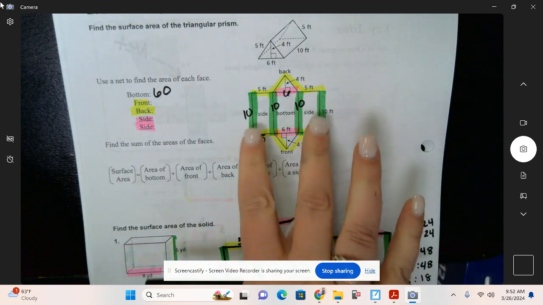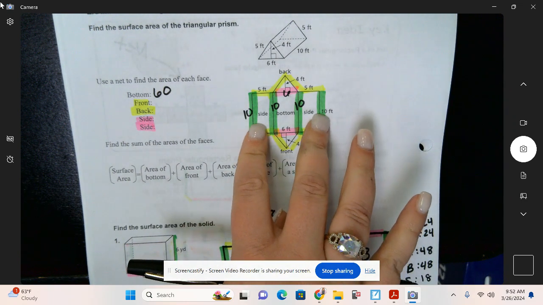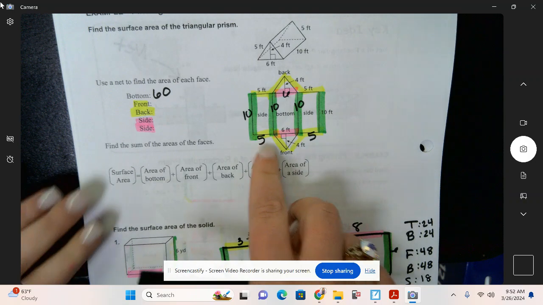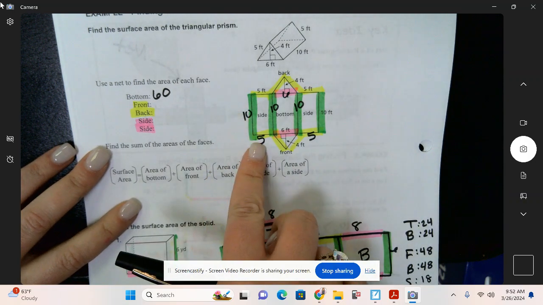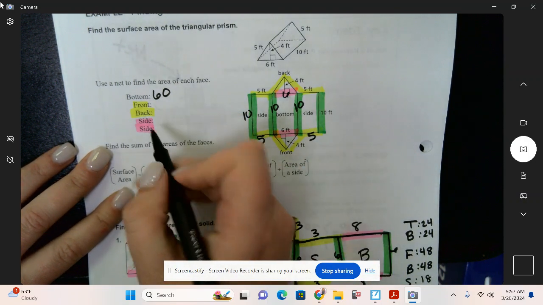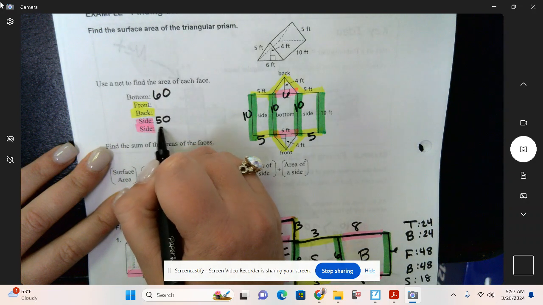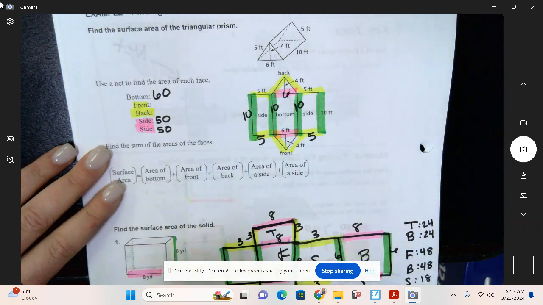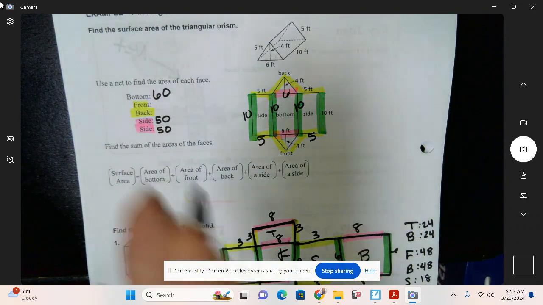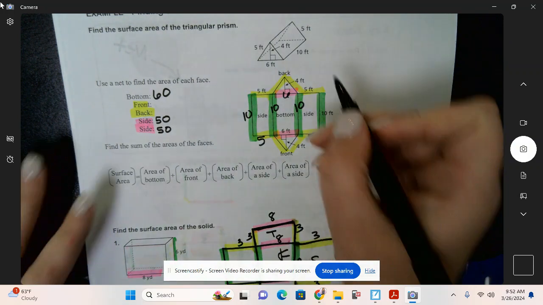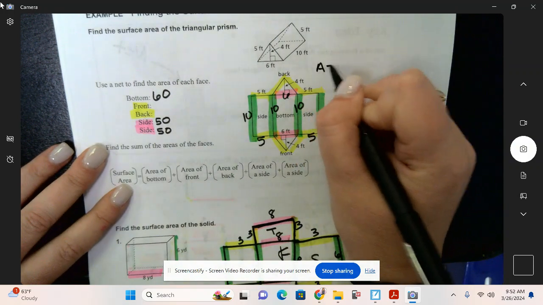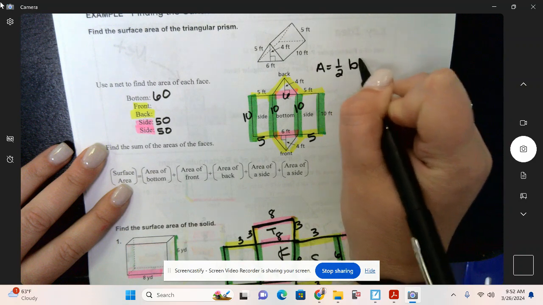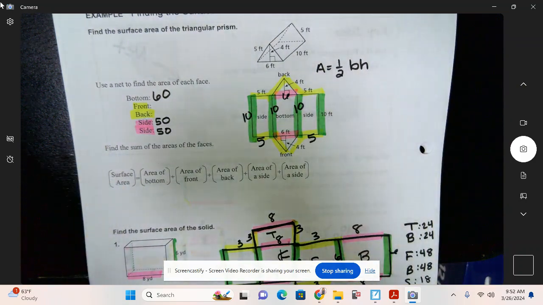Okay, then I'm going to skip to my 2 sides because those are also rectangles. I have 10 by 5, which is 50, so this side's 50, this side is 50. Now I have triangles. I have to swap gears. I have to remember that the area of a triangle is 1/2 base times height, or base times height divided by 2.